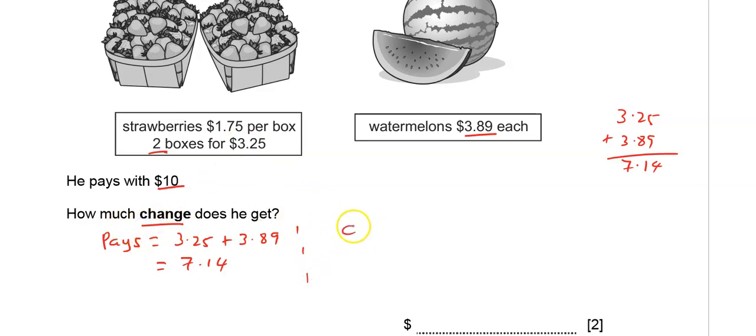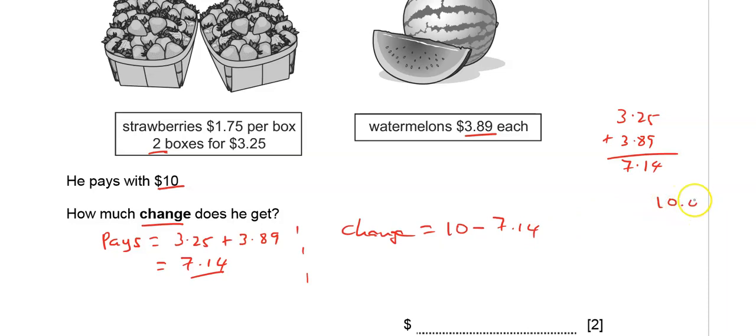So we go for the change. Change is going to be 10 minus the cost of the strawberries and watermelon, which is 7.14.